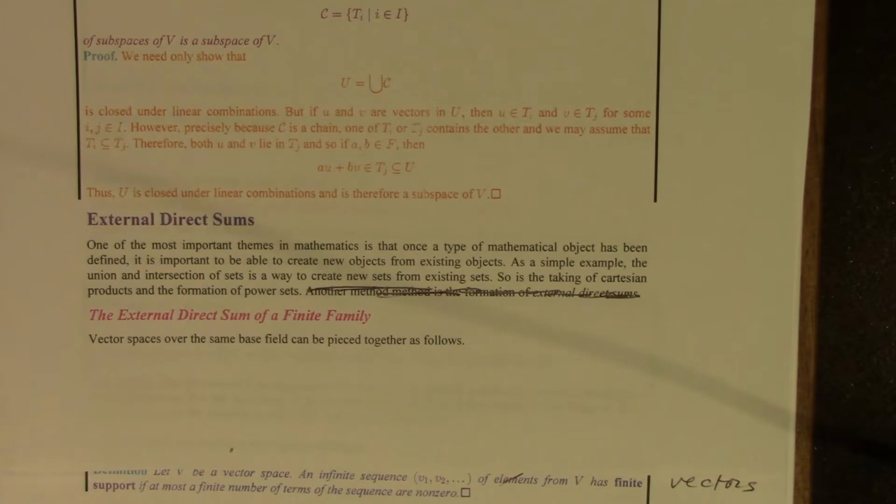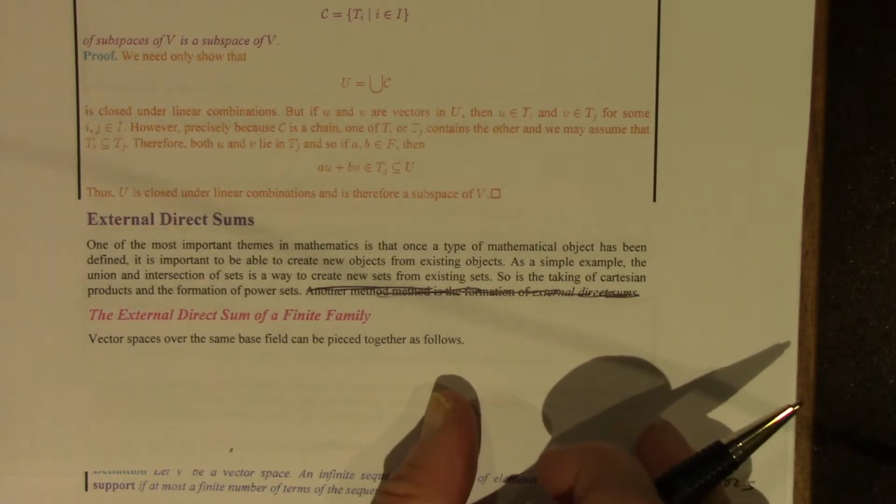So is the taking of Cartesian products and the formation of power sets. In linear algebra, we can use direct sums to produce new vector spaces from existing vector spaces. So we're going to look at that now.